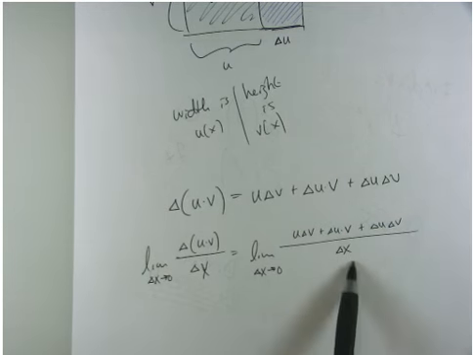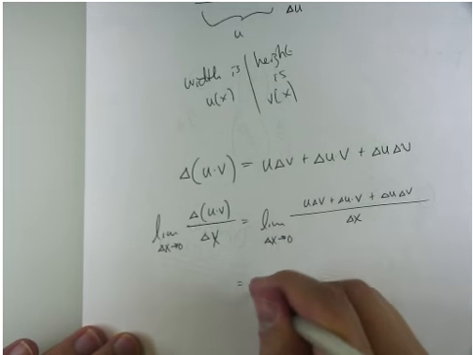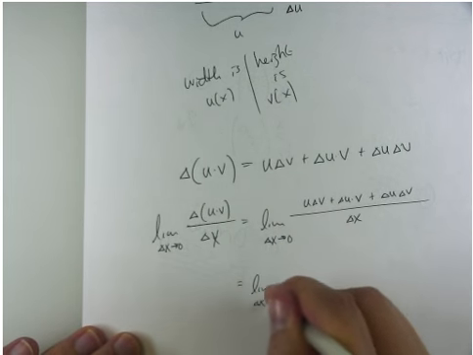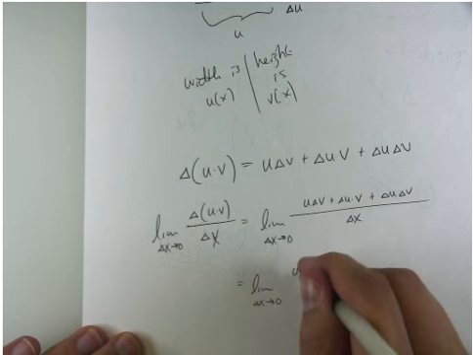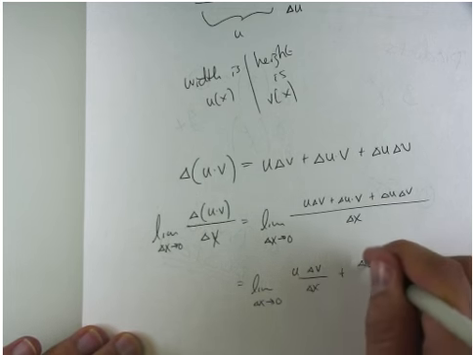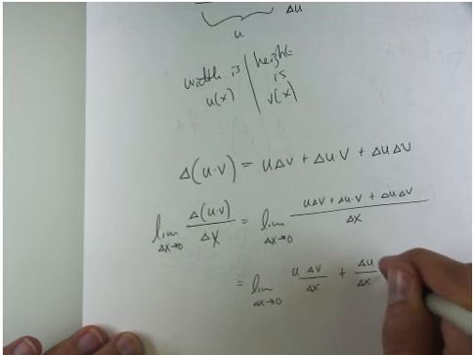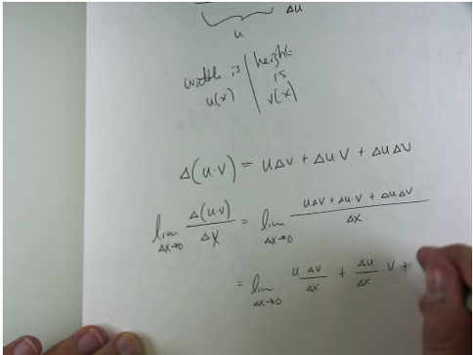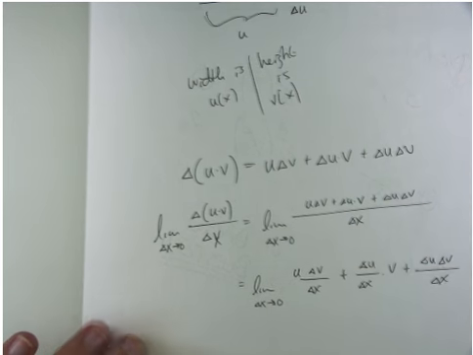I'm just going to distribute this change in x into each of those terms so that I don't have a big fraction, but a bunch of smaller things. So that's going to look like the limit as delta x goes to nothing of U delta V divided by delta x plus delta U divided by delta x times V plus delta U delta V divided by delta x.